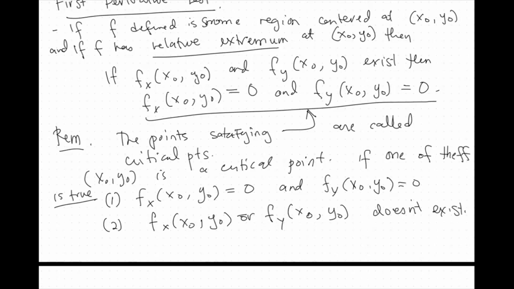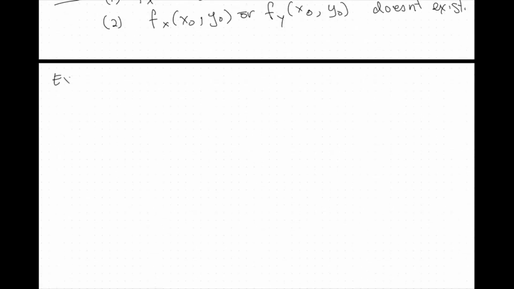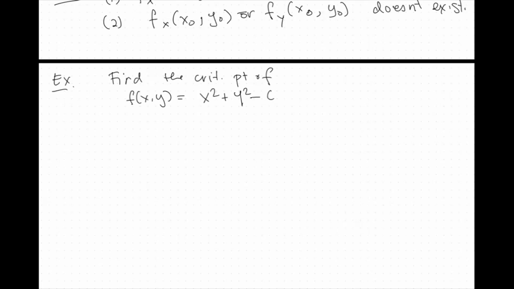Okay, so let's do an example. We will use this example later on when we do the second derivative test. So find the critical points of this function: x cubed plus y squared minus 6x squared plus 6y minus 1.